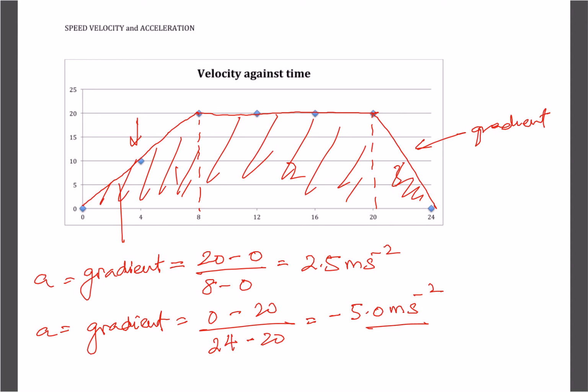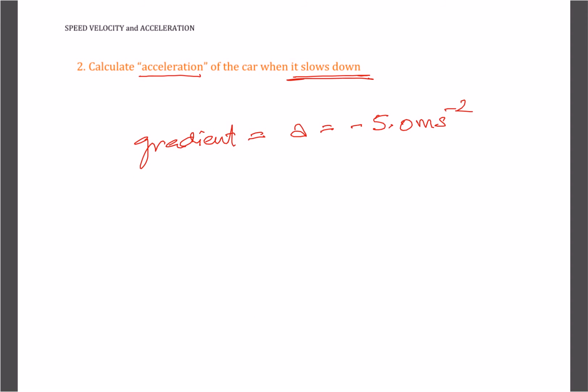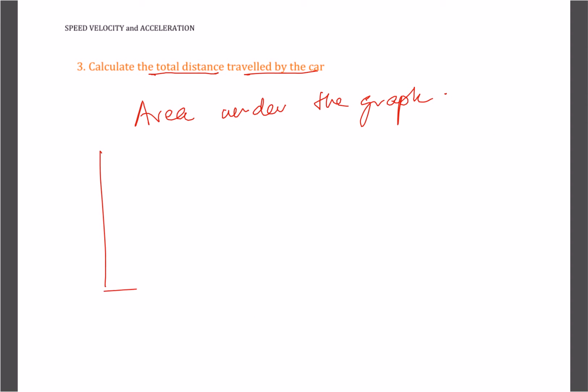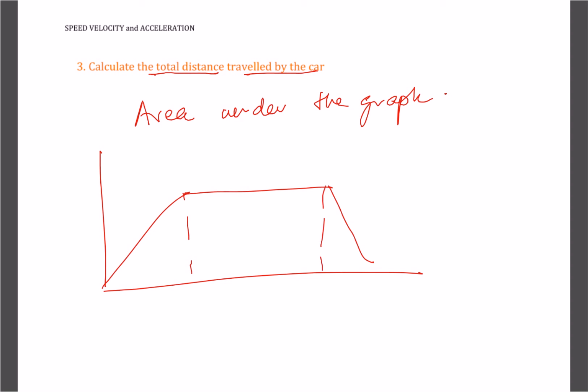So if you were to work out the area of the graph, the first part, which is a triangle, you get a value of 80 meters.